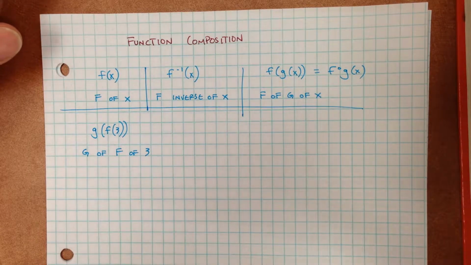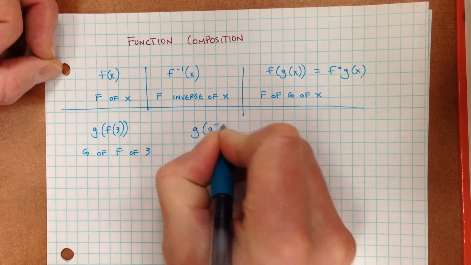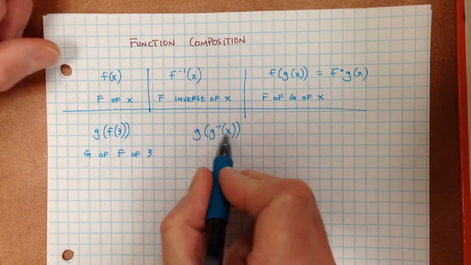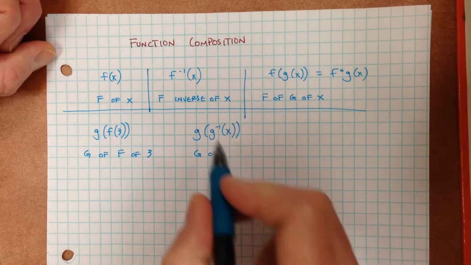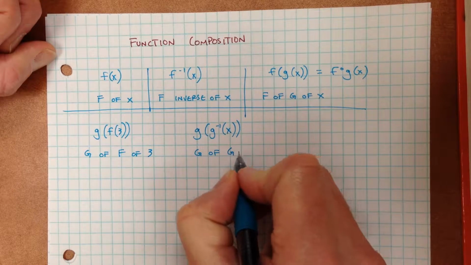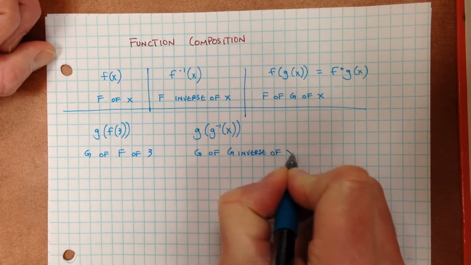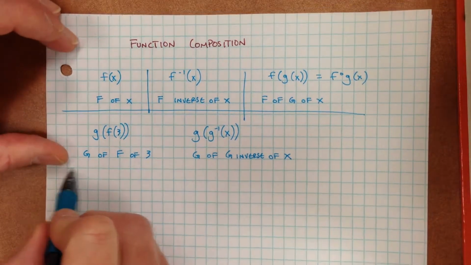You could have something like this. That would be g of all this stuff, so g of g inverse of x. Okay, so that is just a way to say a few of these.